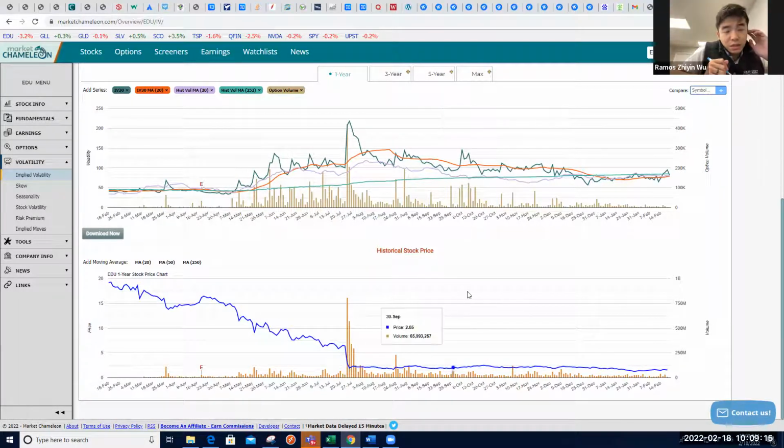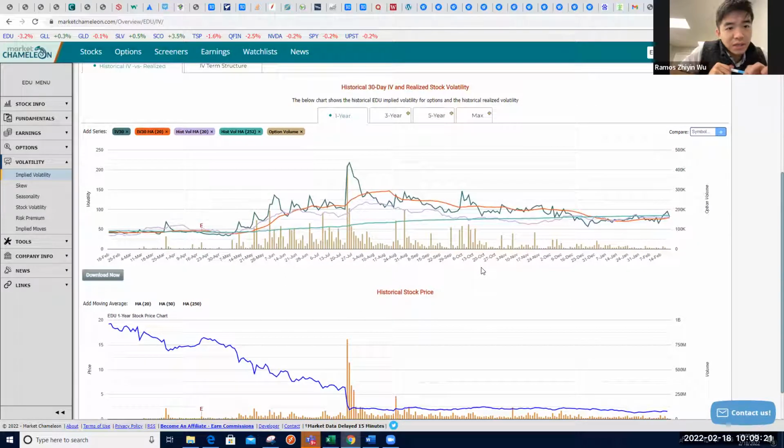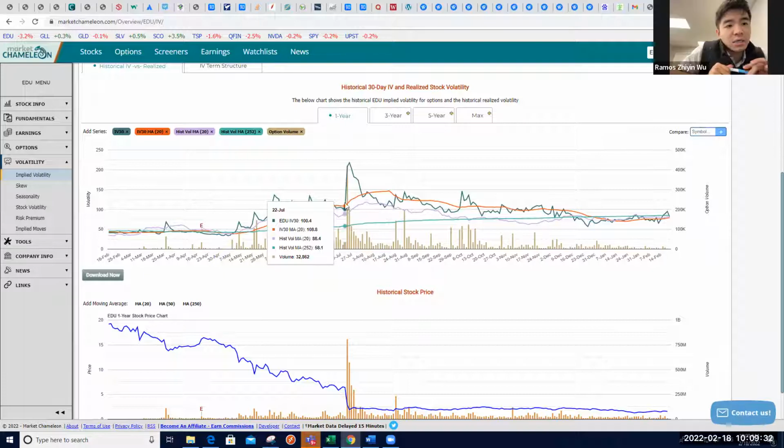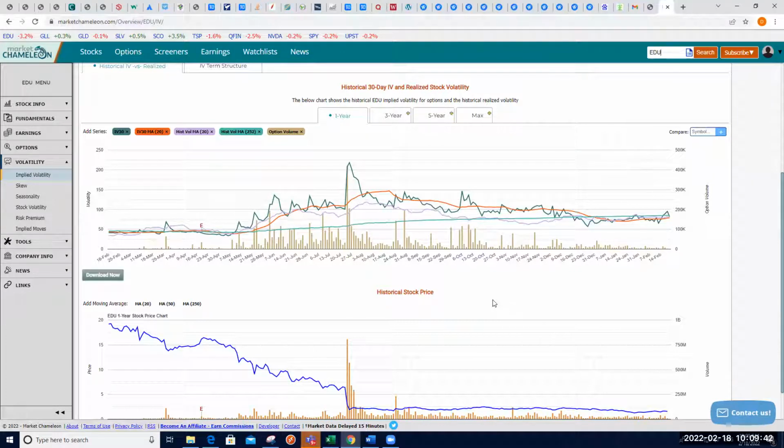But do the two things happen concurrently, or does the implied volatility rise before the price starts dropping? The implied volatility is a leading indicator. Okay, so we can essentially use implied volatility as a kind of alert, right?